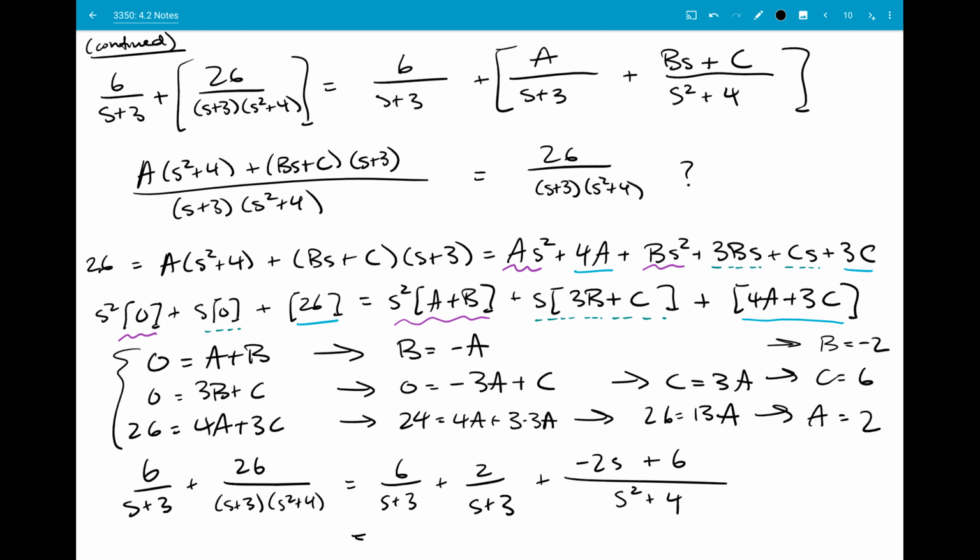Or that's going to be 8 over s plus 3, since 6 plus 2 is 8, minus 2s over s squared plus 4 plus 6 over s squared plus 4.